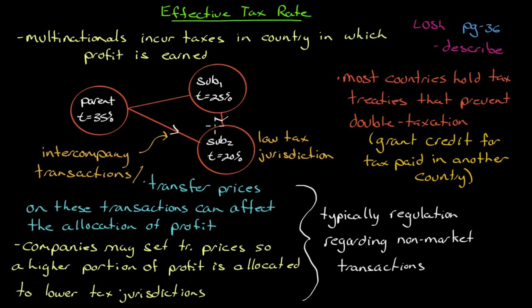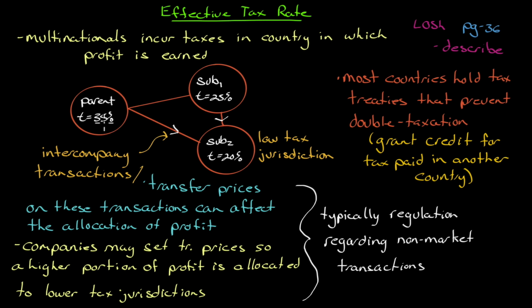Well, there are transactions called intercompany transactions that could achieve that goal, where the parent and subsidiary 1 could transfer some of their profit to subsidiary 2 by setting up an intercompany transaction with a price that specifically allocates more of the profit to subsidiary 2. So we can think of subsidiary 2 as perhaps providing design consultation to subsidiary 1 and the parent.